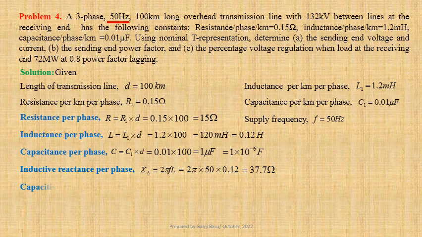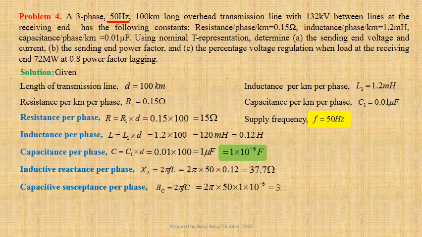And capacitive susceptance per phase Yc equals 2 pi F into C. Using values we get 2 pi into 50 into 1 into 10 to the power minus 6, that is equal to 3.1416 into 10 to the power minus 4 mho.